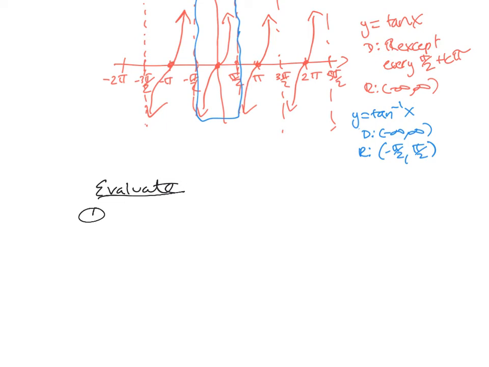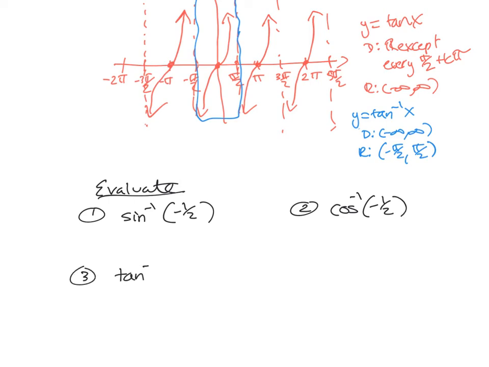The first example: find the inverse sine of negative 1/2. For number 2, find, not sine, the inverse cosine of negative 1/2 as well, why not? Then the inverse tangent of root 3, and the inverse tangent of negative root 3.